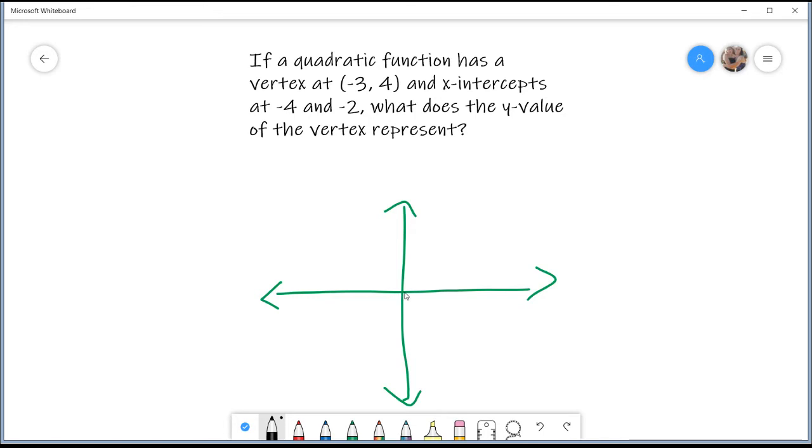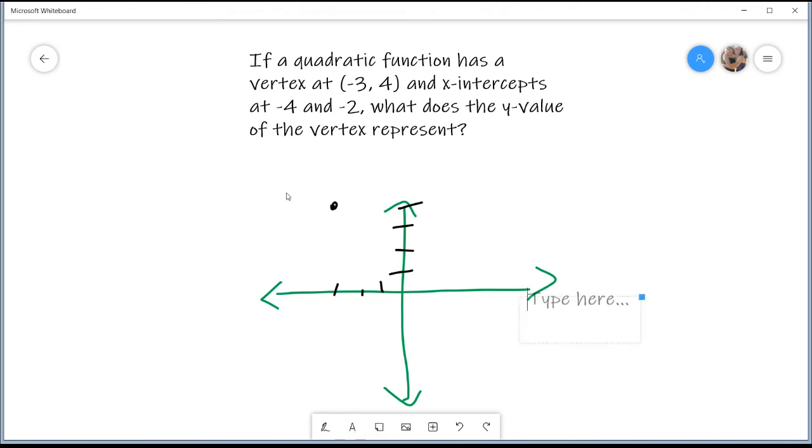So if here's 0, here we go, 1, 2, 3, and positive 4, our vertex is going to be right about here. I'm going to put that this is the vertex. Oops, still getting used to this program.